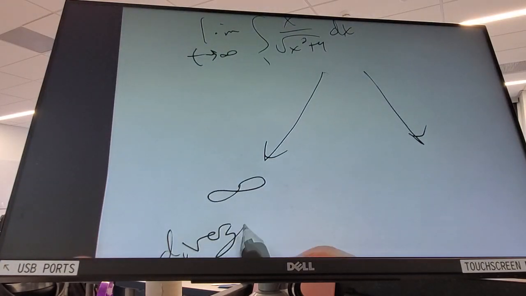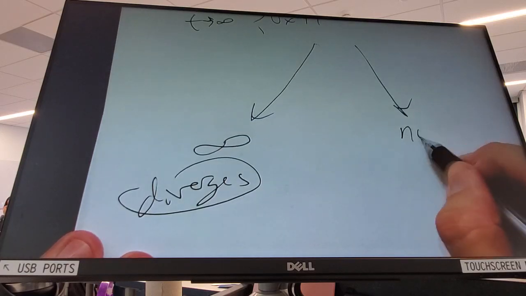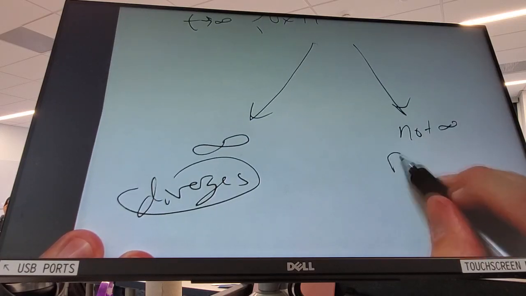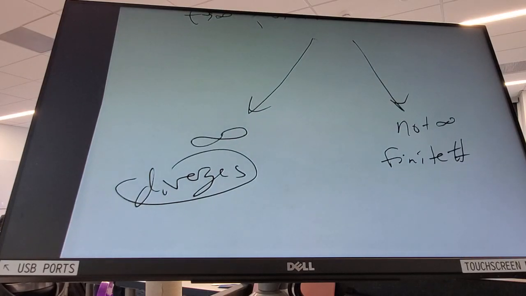Or it could go to not infinity, which means a finite number, yes? Any finite number. I don't care what that number is because it does not directly relate to the actual sum. Okay. If only it was that easy. But it isn't.